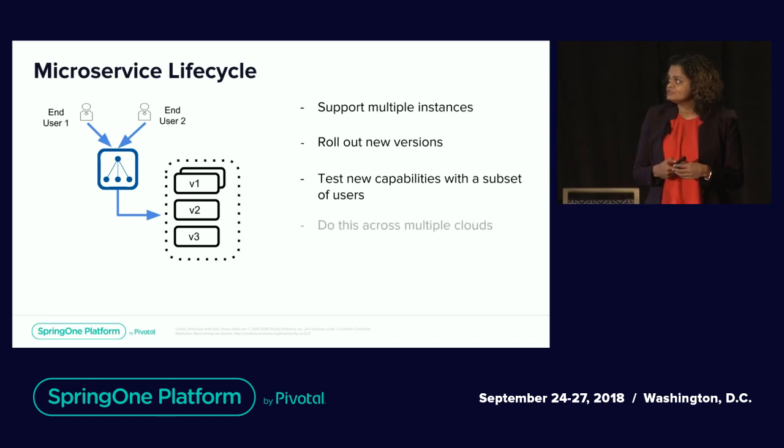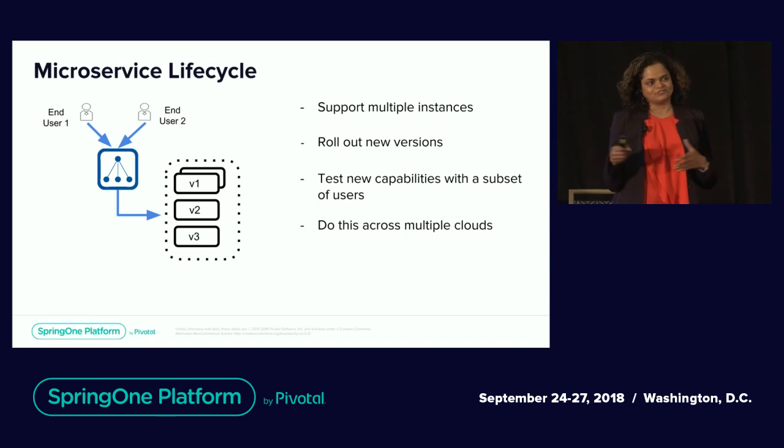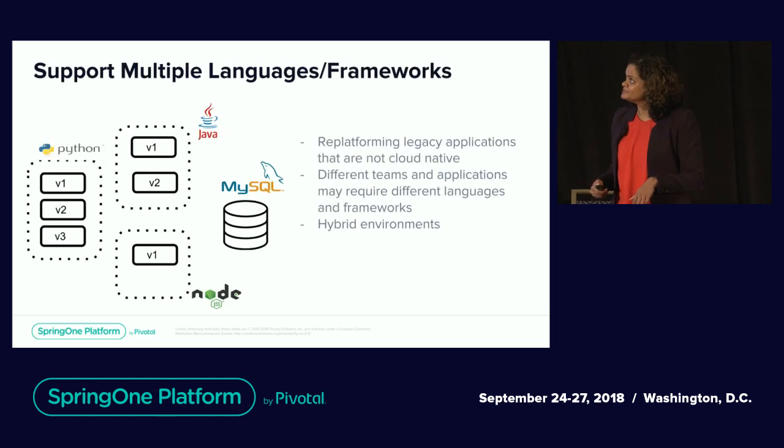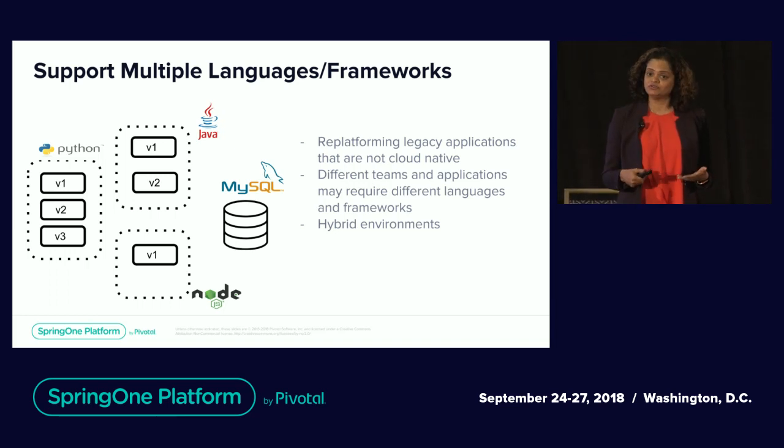And then to complicate things even further, maybe you have to do this across many different clouds depending on your enterprise cloud strategy. So deploying a microservice within an enterprise is not as simple as just taking it from a monolith and making it into a microservice. In addition, as your architecture evolves, you're probably dealing with many different frameworks and languages.